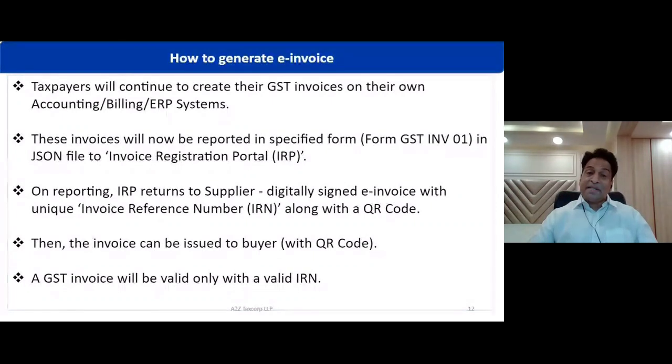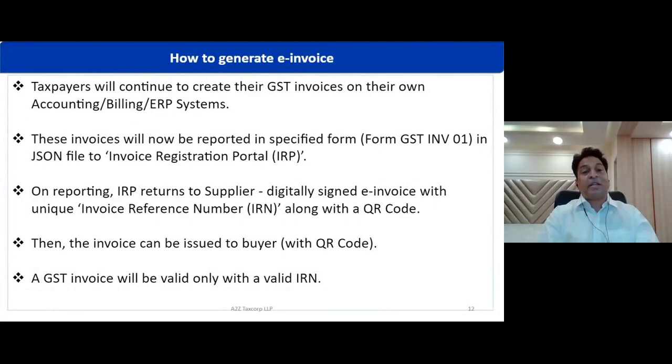And most importantly, the last line. If any person who is liable for generation of e-invoice has not followed this process and does not have a valid IRN, then that invoice is going to be called invalid. Invalid means the buyer, the recipient, will not get any credit.